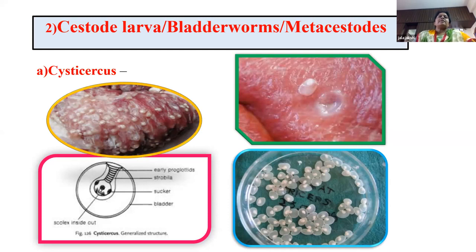This is mainly seen in the Taeniidae family, mostly observed in all striated muscles of the intermediate host. In the first picture, you can observe cysticercus larvae present in the muzzle of a sheep or pig. In the fourth picture, you can observe the removed Taenia cysts.